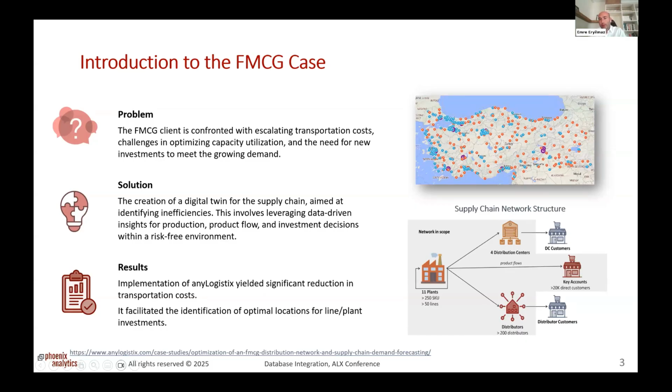As you can see on the left-hand side here, there are more than 10 plants with more than 250 SKUs, and there are more than 50 production lines. Also, there are some distribution centers in Turkey, and there are more than 200 distributors. I will also mention product flow shortly.